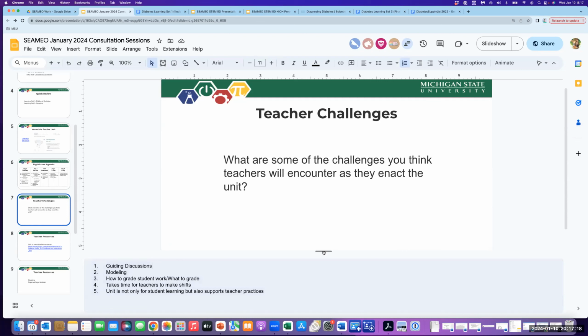Because diabetes is such a big idea, at the end of each learning set, students are building a piece of the model to tell the whole story of diabetes. So we encourage the teachers to use paper pencil if they have not had the Sage Modeler training. And that's not to say they can't use Sage Modeler.